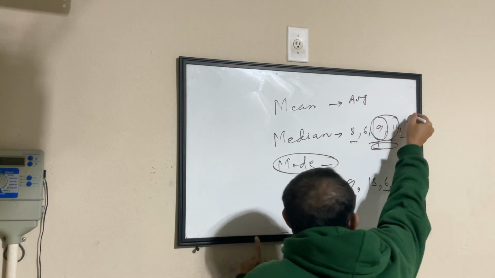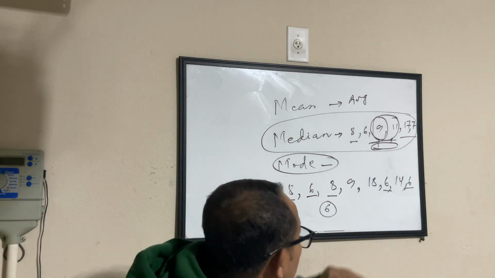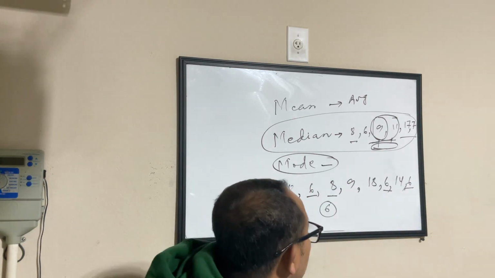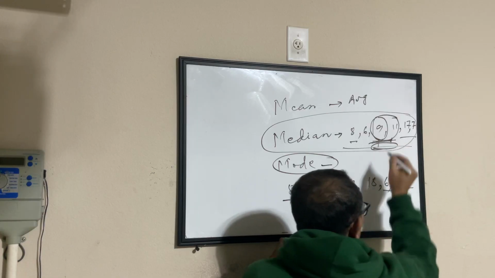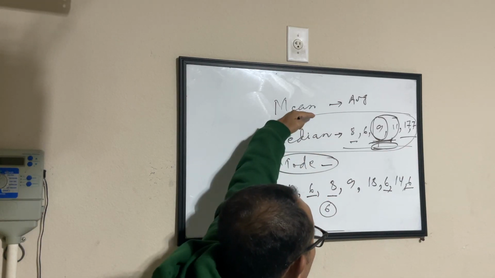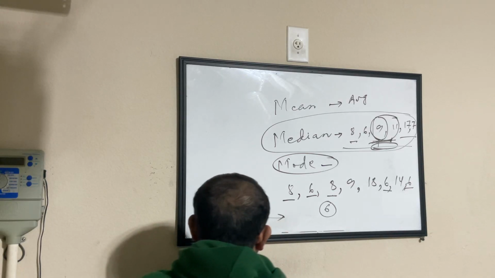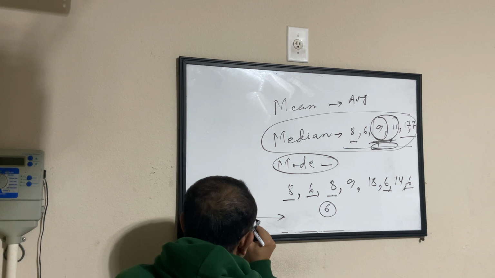Median is another way of finding the average or the center of the data. That's why you first arrange them and then look at the central part of it. So if you look at mean, look at the spread of data this way. You have some data with, let's say, this is your average, this is your mean.